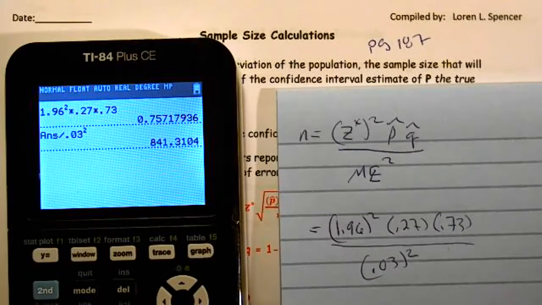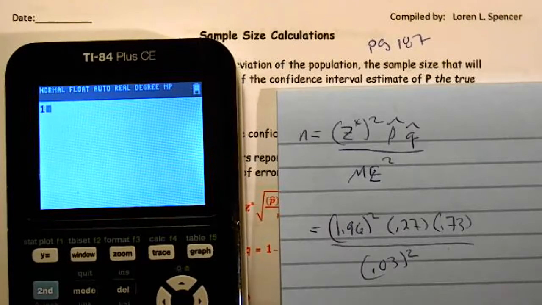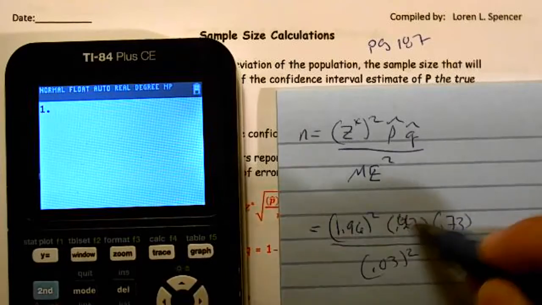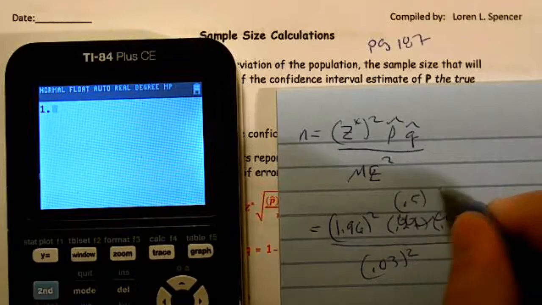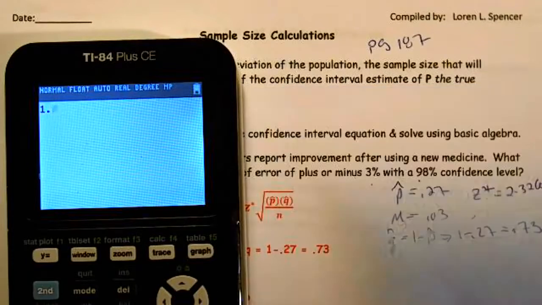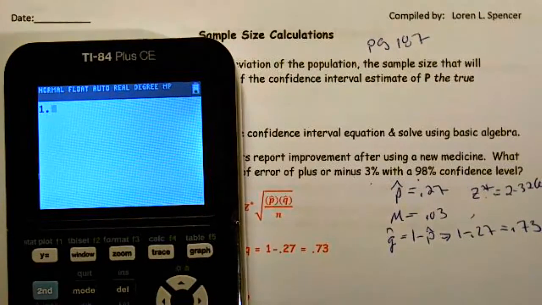And I'm still getting the wrong number. Oh, never mind. This is not 0.27, I'm sorry, this is 0.5. This was from the previous problem, so this should have been 0.5.